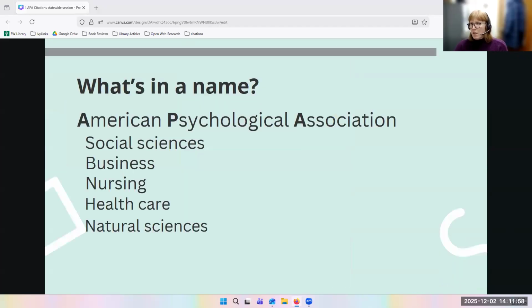As far as APA goes, APA is most often used with classes in the field of social sciences, business, nursing, healthcare, natural sciences, biology, etc. The scholars or the people who are in the APA organization came together to agree on a standard of the rules and formatting of papers written in APA style, right?